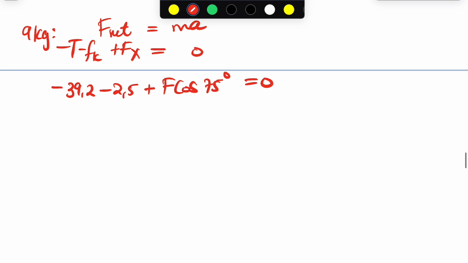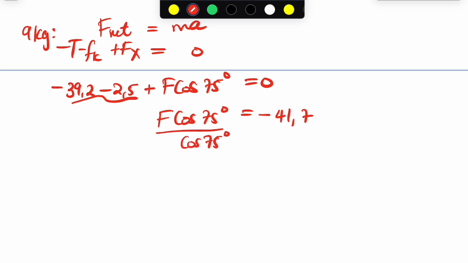So we're going to take the answer of these two. F cos 75 degrees is equal to negative 41.7, and then we divide by cos 75 on both sides, and this is going to be positive.